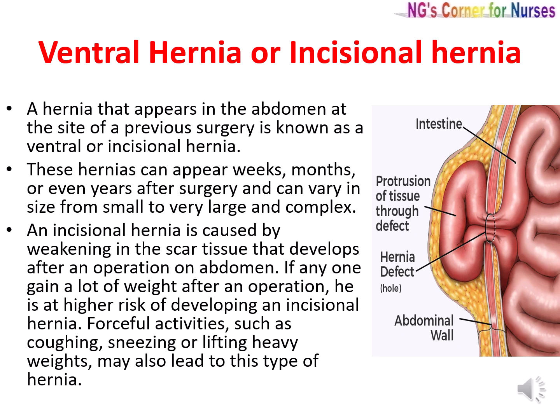If anyone gains a lot of weight after an operation, he is at higher risk of developing an incisional hernia. And before healing of the surgical site, forceful activities like coughing, sneezing or lifting heavy weights may also lead to this type of hernia.